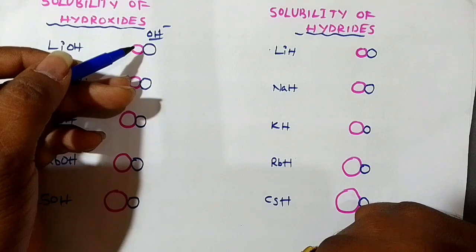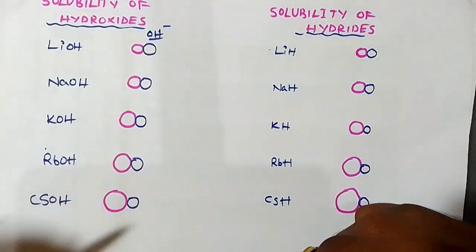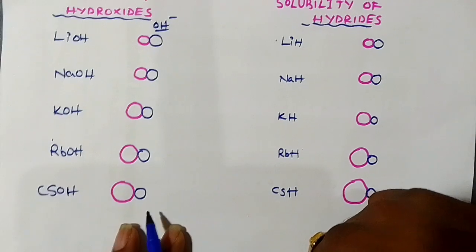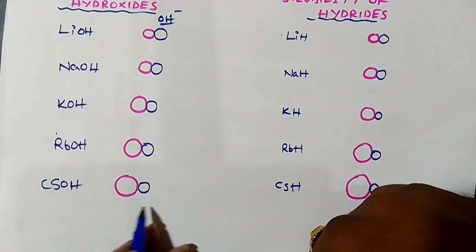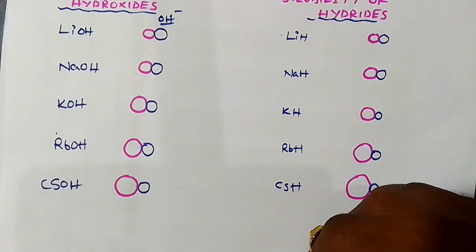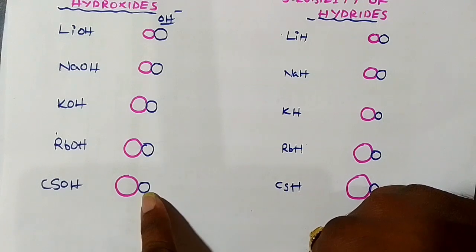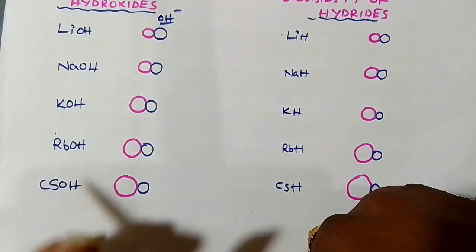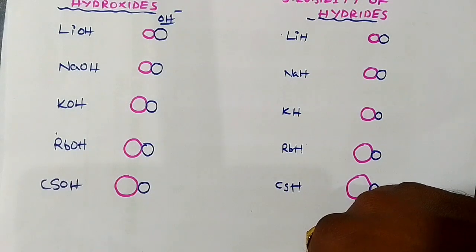Now when we are moving down, the size difference is more. If the size difference is more, lattice energy is less. If the lattice energy is less, solubility is more. When we are moving down, lattice energy decreases.